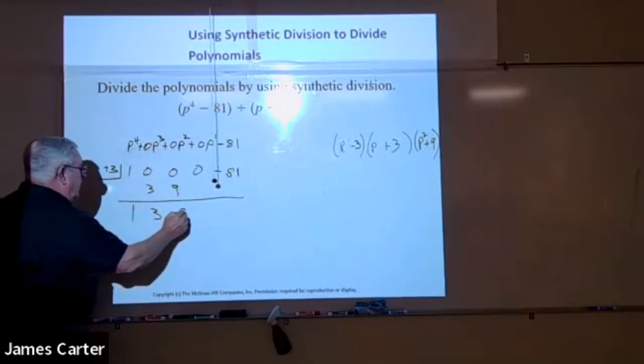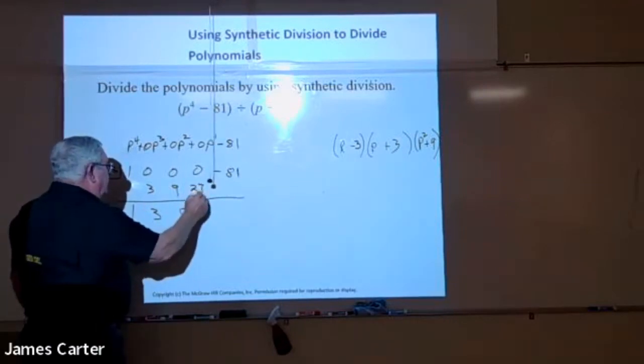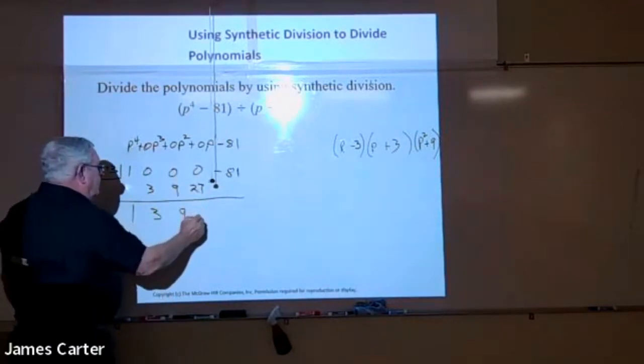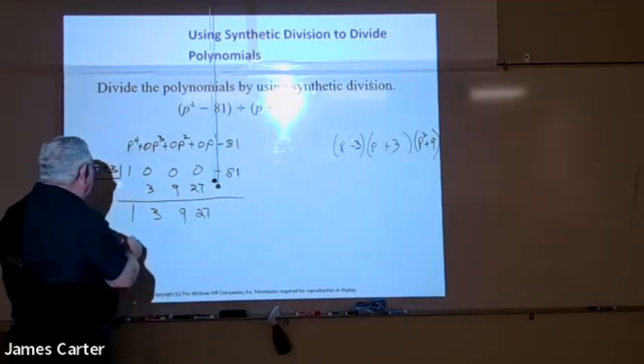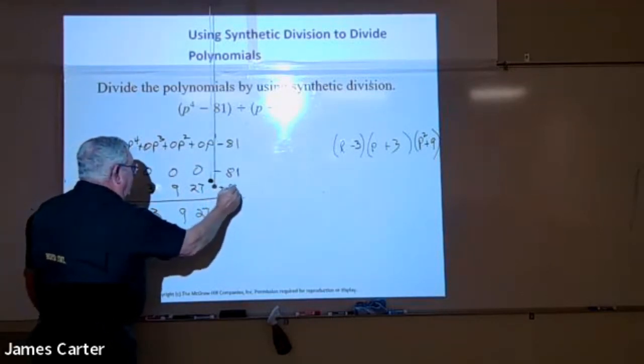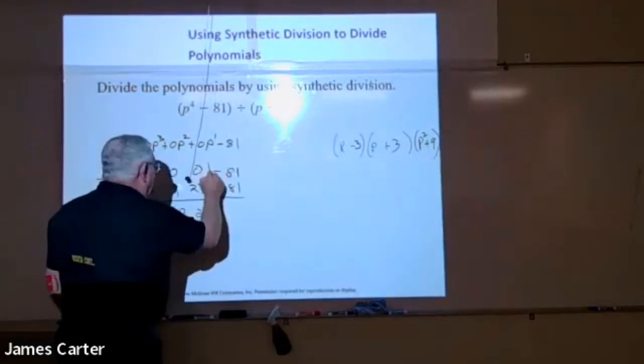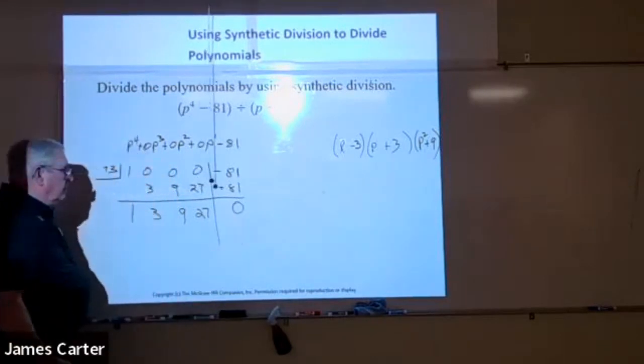Add these 2 and I get a 9. Multiply and I get a 27. Add these 2 and I get a 27. Multiply those 2 and I get an 81. Add those 2, 0.